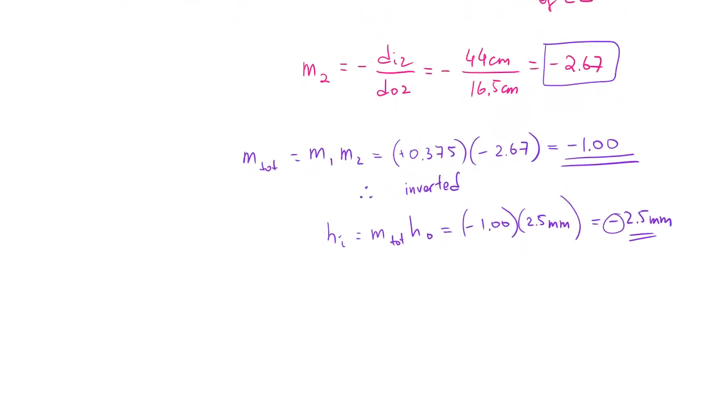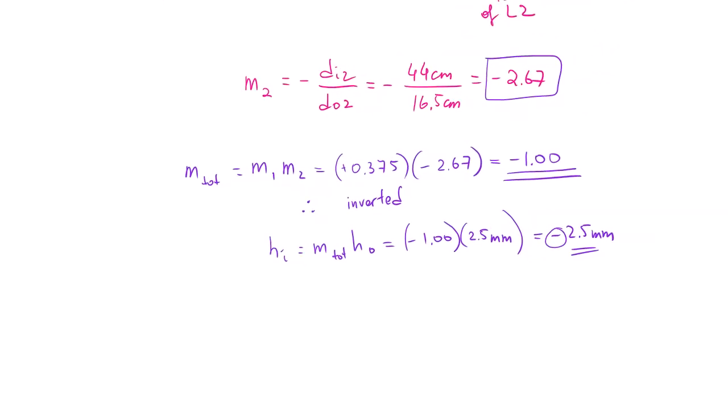My final result will be the distance of the image from lens 1 equals 9 centimeters plus 44 centimeters, which equals 53 centimeters.